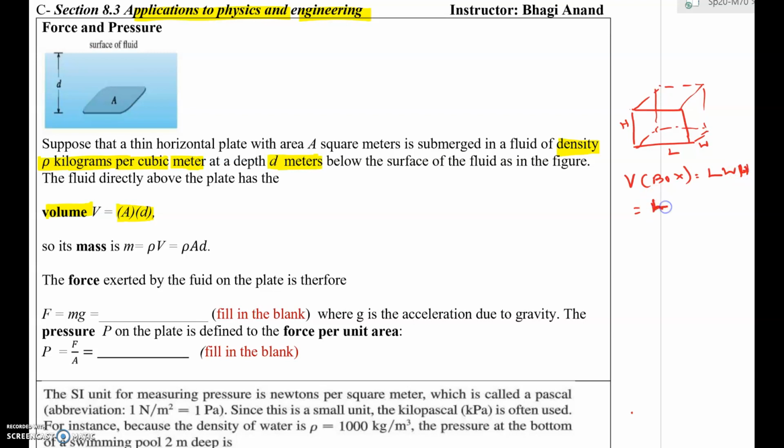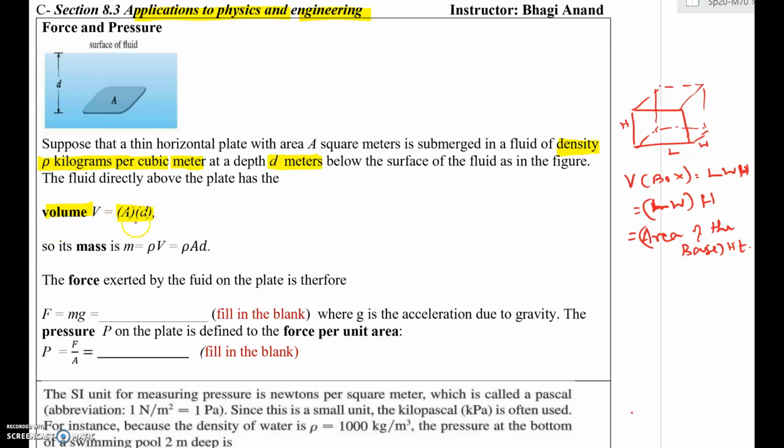Here, length times width is nothing but the area of the base, which is the area of the rectangle, multiplied by height. So in general, the volume is the area of the base multiplied by height. That's the same idea we are using here.